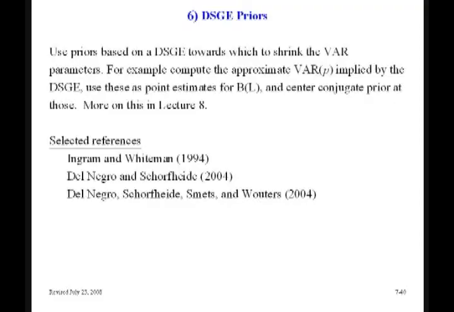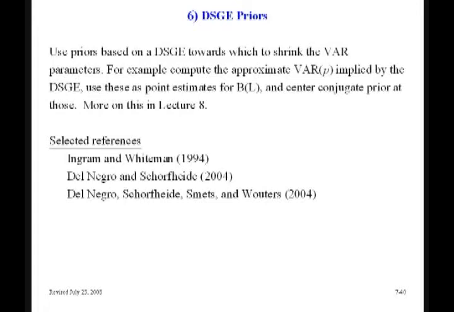DSGE priors. I'm going fast because, fortunately, I have nothing to say about numbers 6 and 7, except that you should look at the literature, and I'll talk about this after our break. It's important. I don't mean to minimize its importance by being quick on it. Rather, I'll come back to it when I talk about DSGEs.